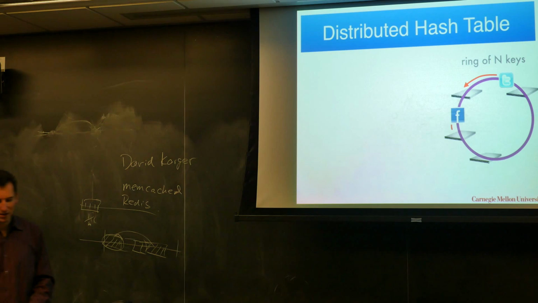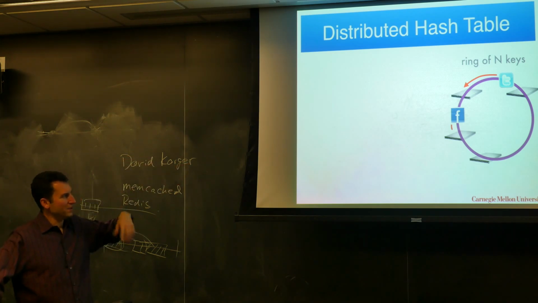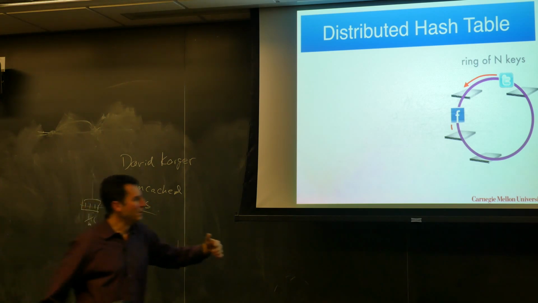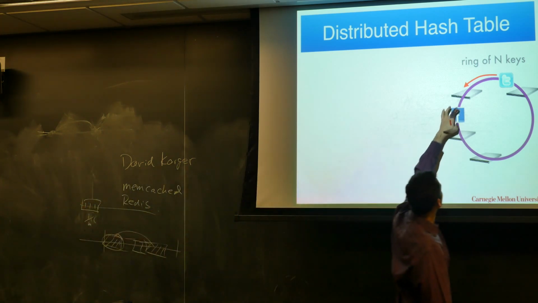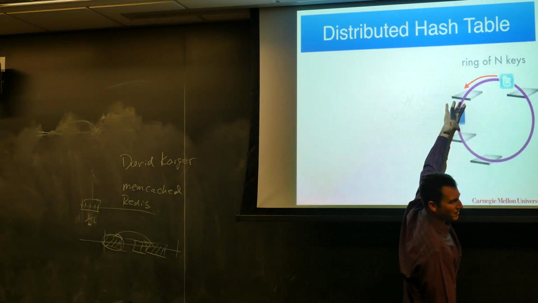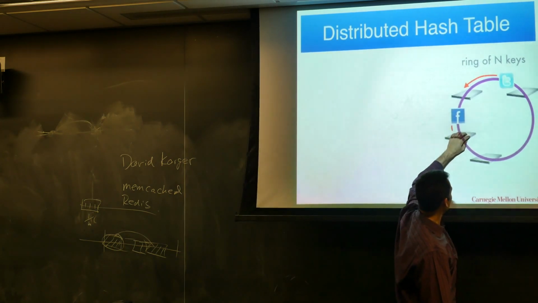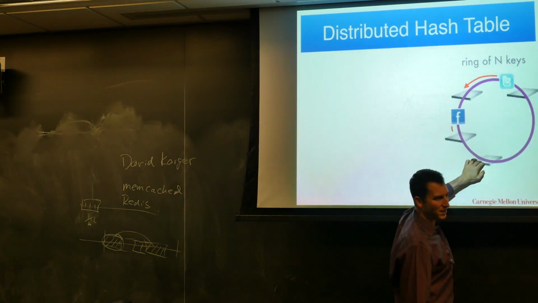I insert the keys into a ring. I insert the machines into a ring. And what I then do is make the corresponding segment be owned by that machine. So now, if I remove a server, segments get concatenated.